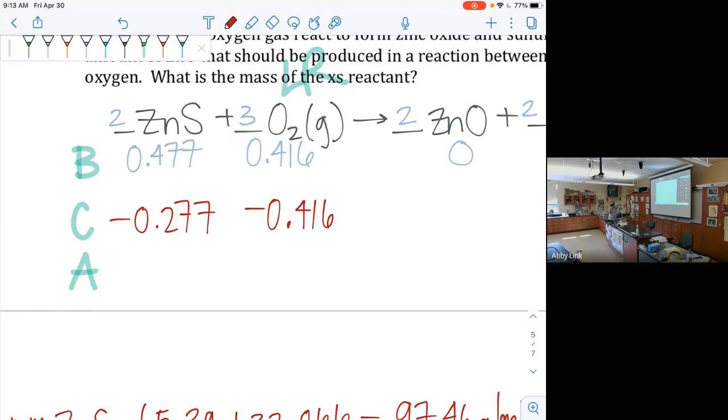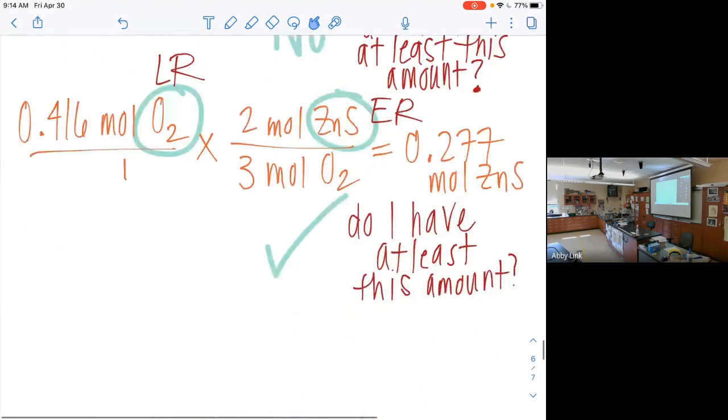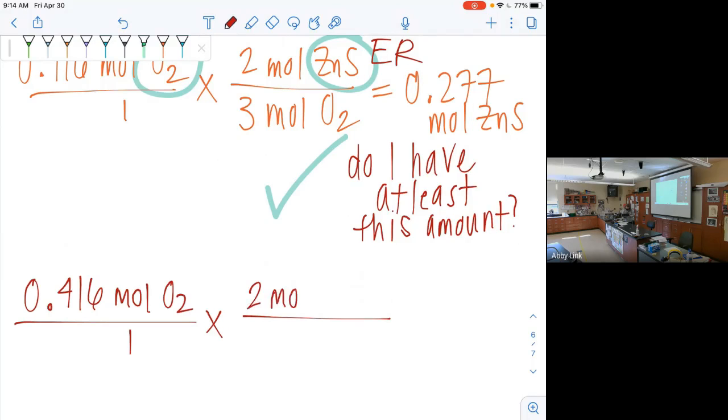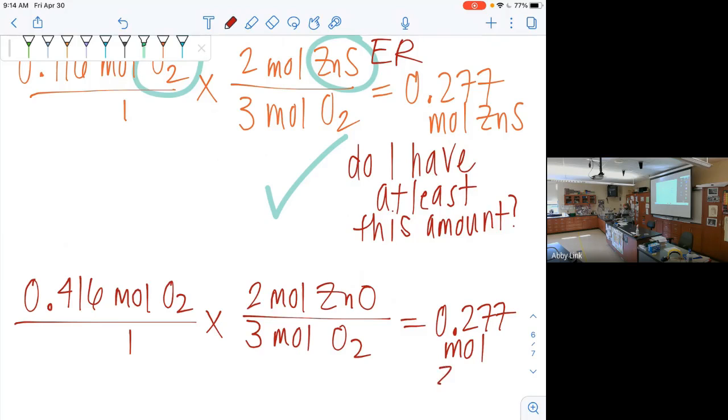But what do we recognize about the coefficient of ZnS and ZnO? They're the same, right? So I bet you we're going to end up with 0.277 moles of ZnO. But let's prove it. Okay, and we do. We end up with 0.277 moles of our product.